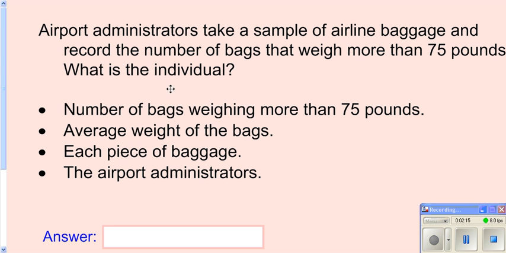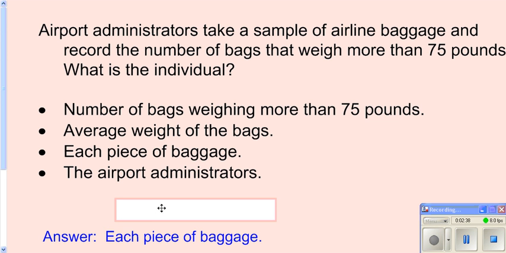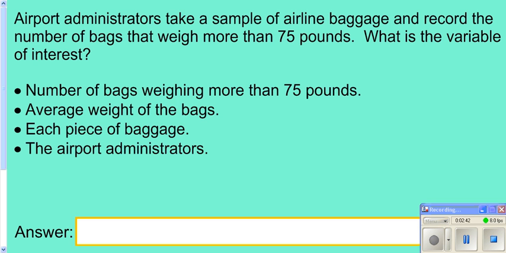So, based on that, we're going to go through some questions here. When we get to these questions, go ahead and pause the video, read through it, answer it, and then unpause it, and you'll hear the answer that I have. For this one, since you're looking for individuals, what we are studying is really each piece of luggage. Once again, pause it here quickly.